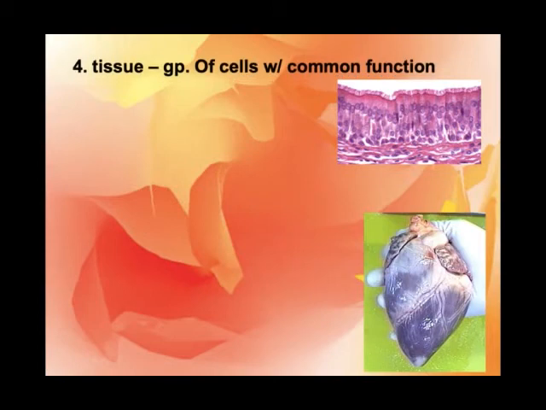If you have a group of cells with a common function, that's a tissue, and that's our next level of organization. Up here in the corner, you see some pretty cells that have a little fringe on them. These cells are not just pretty faces, they actually have a function. These cells belong to a group of cell types called epithelium.